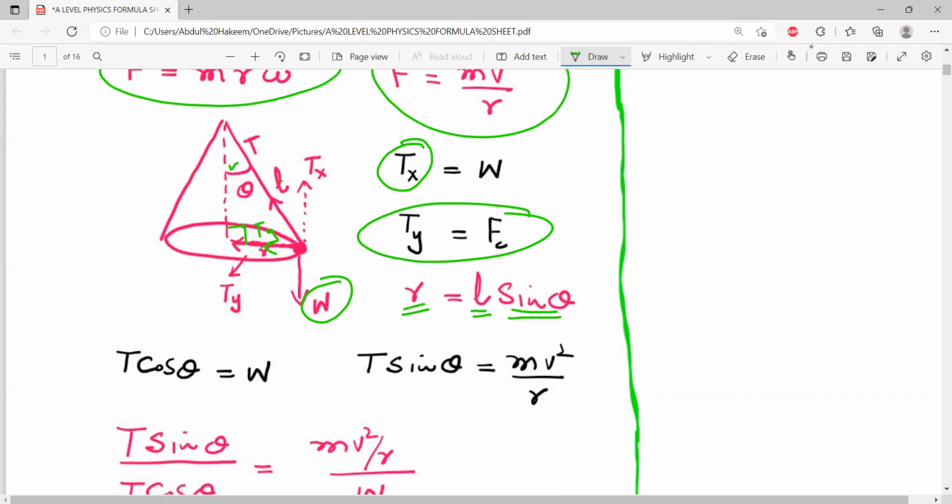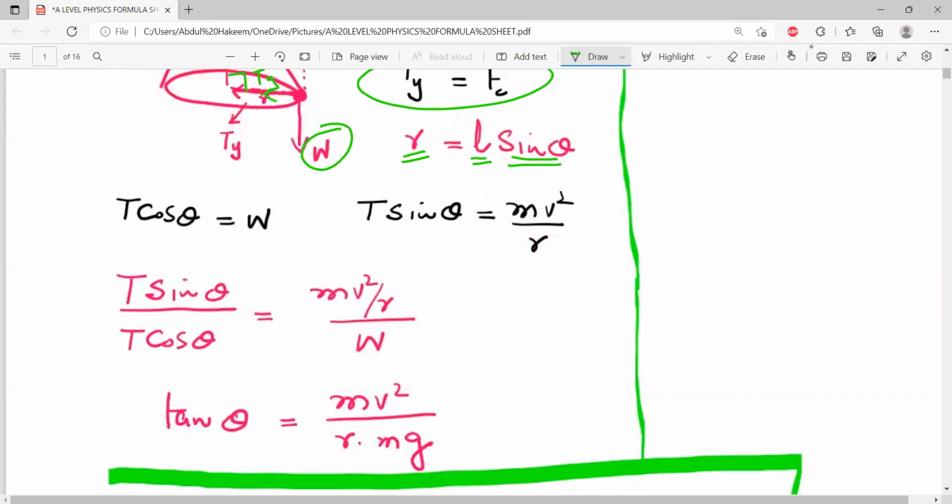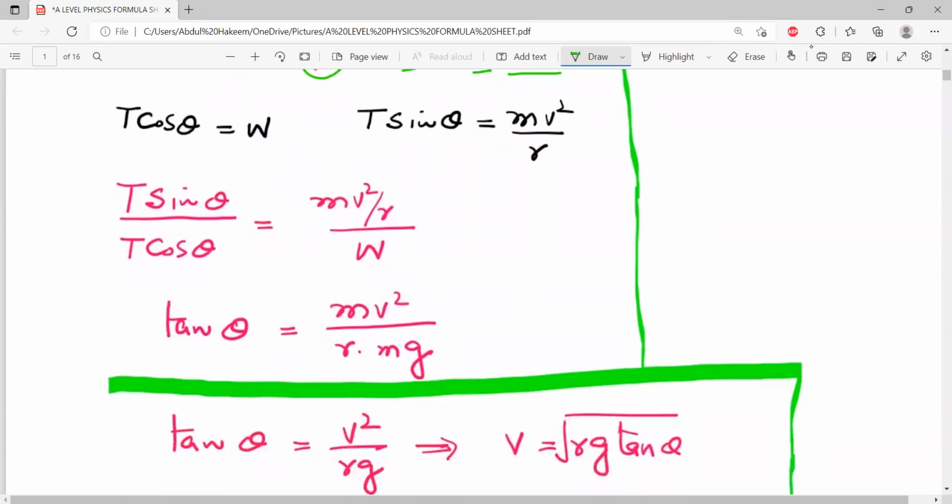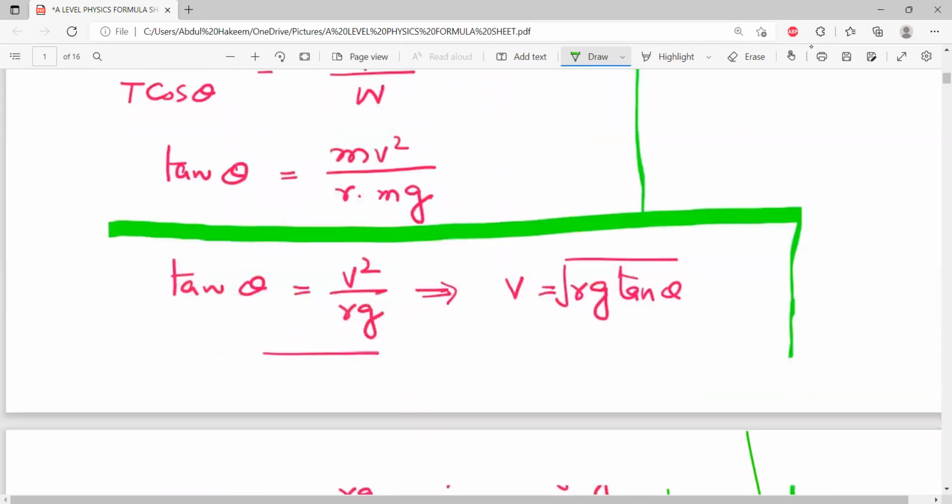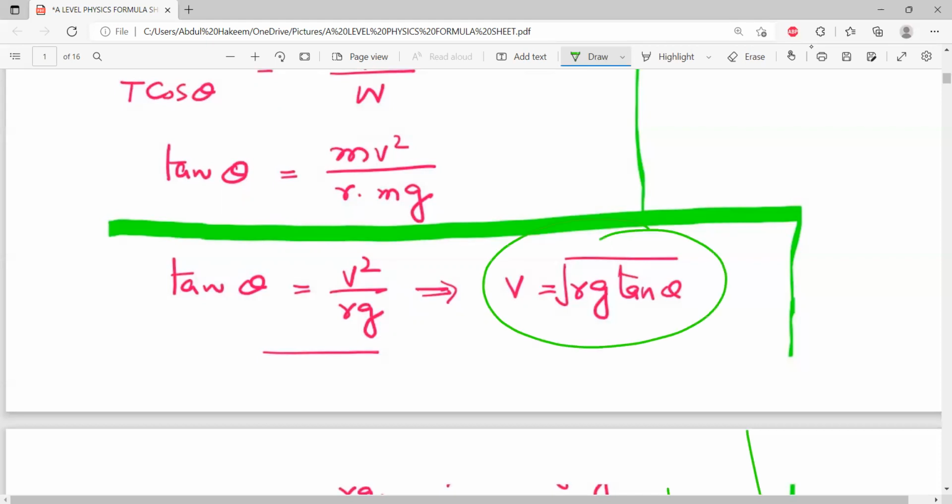From the x component, we can write T cos theta is equal to weight. From the centripetal force, T sine theta is mv square over r. When T sine theta over T cos theta is divided, mv square over r over mg, so tan theta is equal to v square over rg, meaning the linear speed is equal to the square root of rg tan theta.